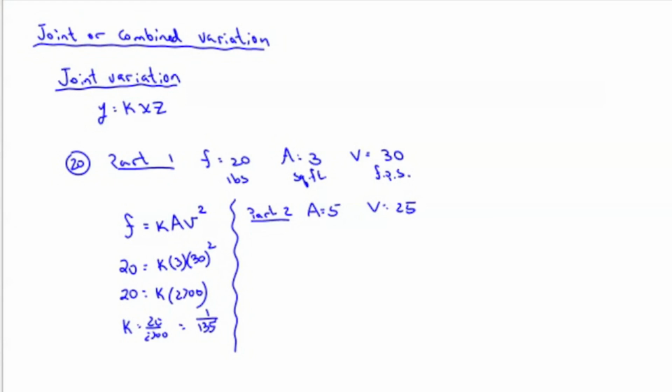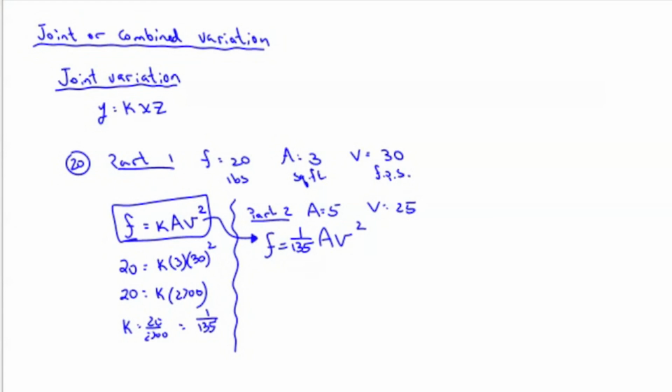Just the formula without numbers, except for one number. F equals K, and K would be 1 over 135, times A V squared. So that's your formula. That becomes a formula you can plug into and solve for the unknowns.